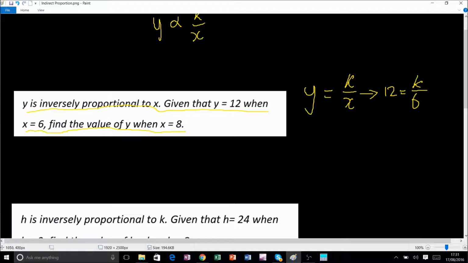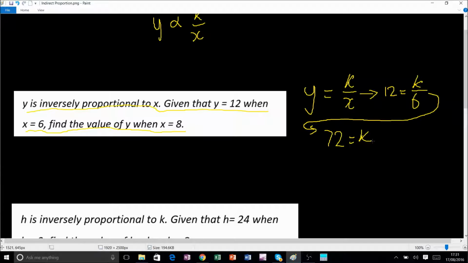Now to solve this equation for k, we need to multiply both sides by 6 in order to get rid of the 6 down here. 12 times 6 is 72, so 72 is equal to k.